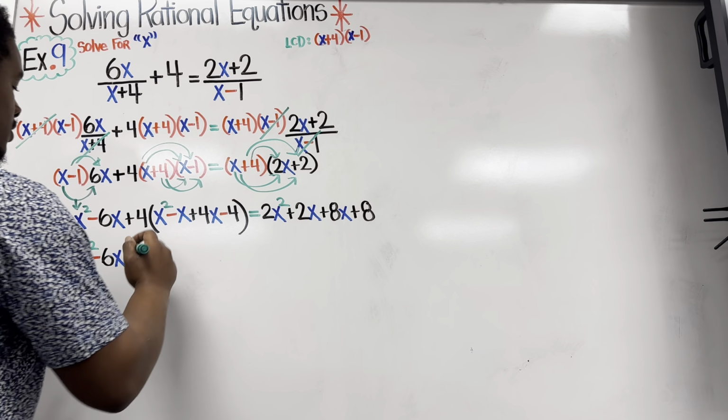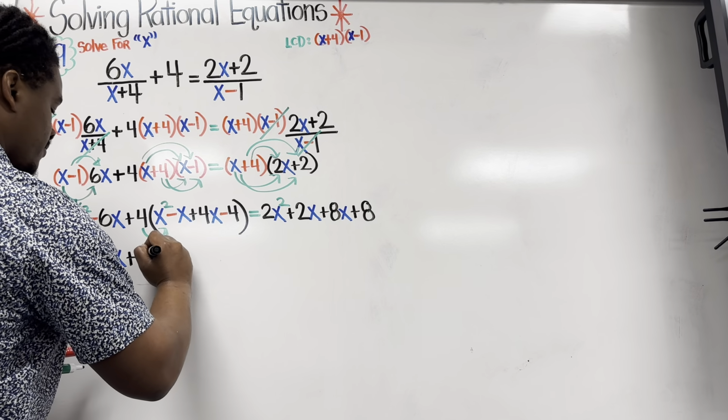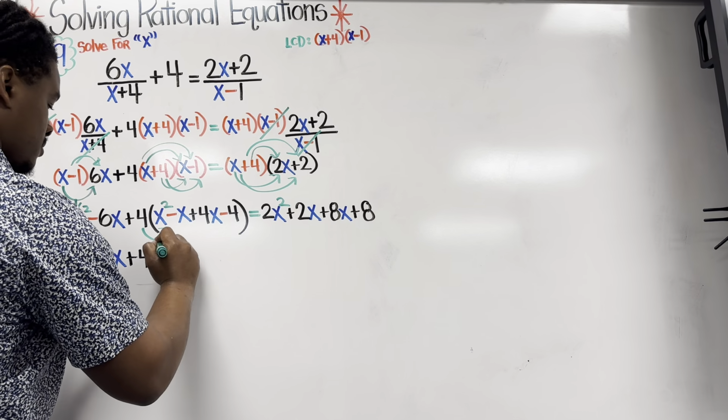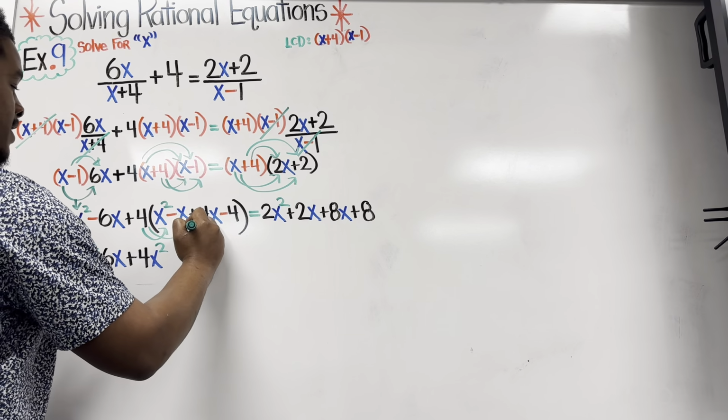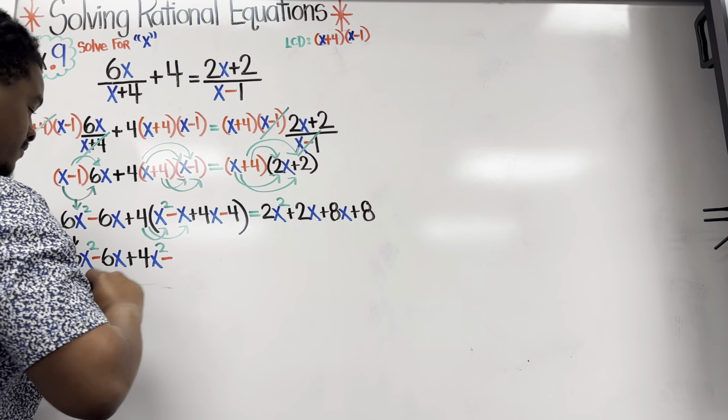So we're going to distribute. So I have 4 times x squared, which is 4x squared. Okay, I'm going to have 4 times negative x, which is negative 4x. So it's going to be minus 4x.